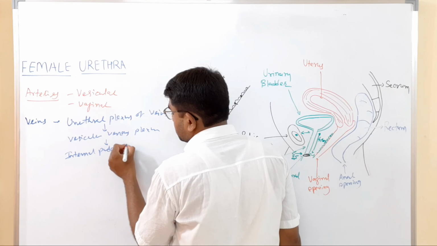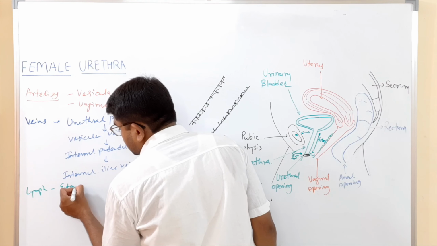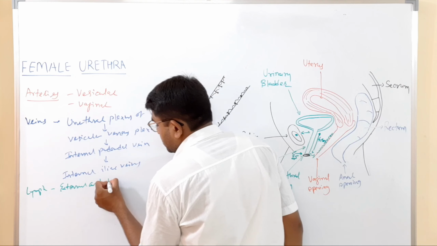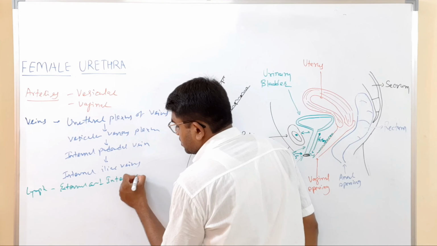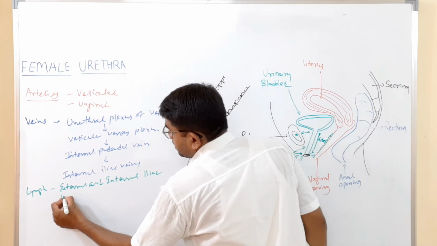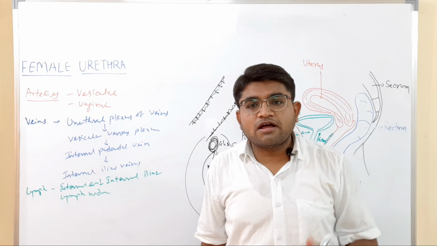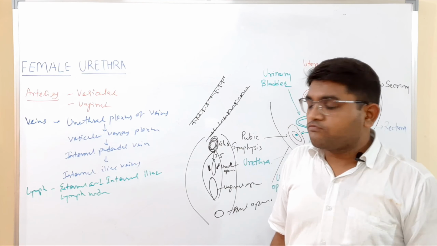Okay, then the lymph nodes. The lymph drained from this area is finally drained by the external and internal iliac lymph nodes.